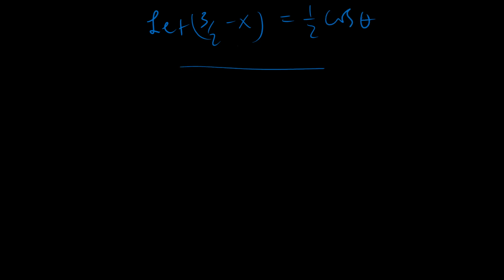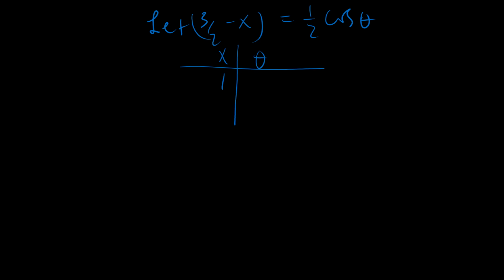So since we say let 3 over 2 minus x be equal to a half cosine of theta, we can look at the limits x and theta. When x equals 1, 3 over 2 minus 1 is a half. A half divided by a half is 1.